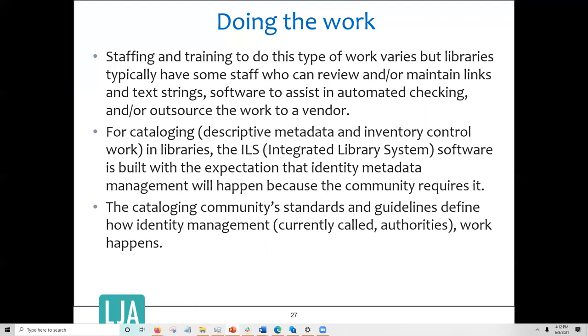That is an important piece in terms of how libraries and the cataloging community have dealt with identity metadata: we have national-level standards and guidelines that define how identity management happens. Currently we call this authorities. Identities fall under that authorities umbrella. We have those national standards that define how that work happens and require it in our records.